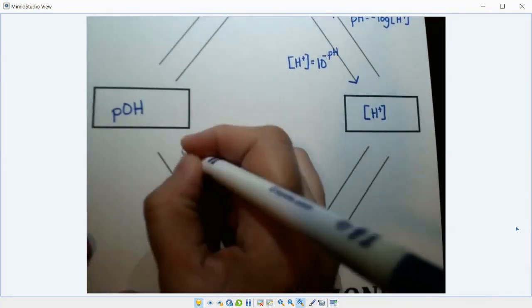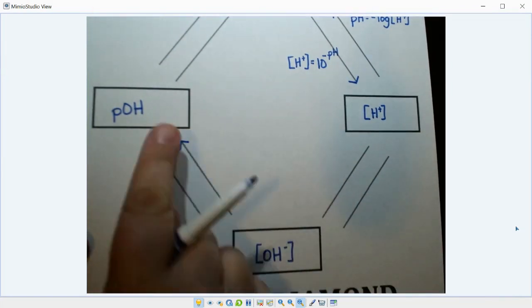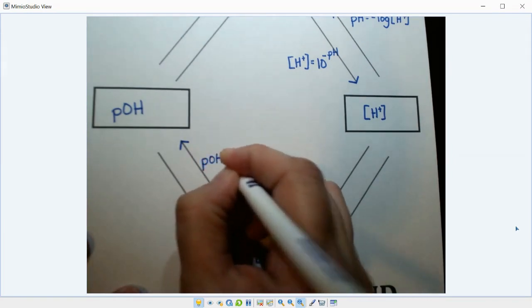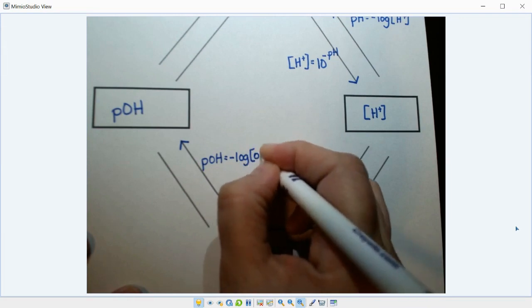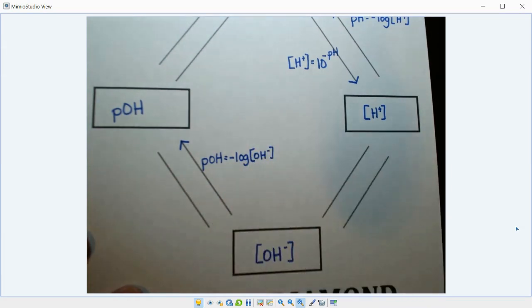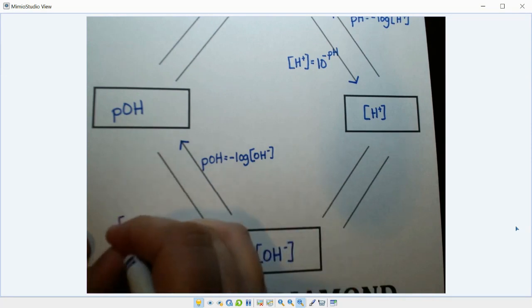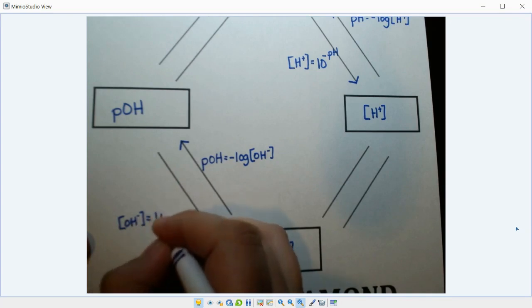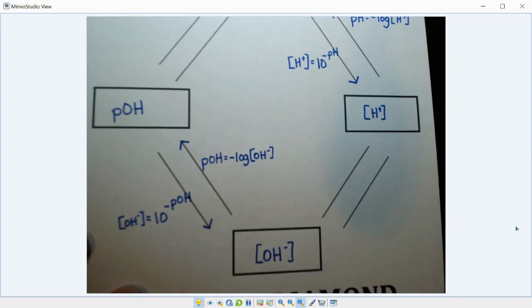So if I'm going from hydroxide ion concentration and I'm trying to find pOH, pOH is equal to negative log of the hydroxide concentration. And then inversely, if I'm looking for the hydroxide ion concentration, that is equal to 10 raised to the negative pOH power.